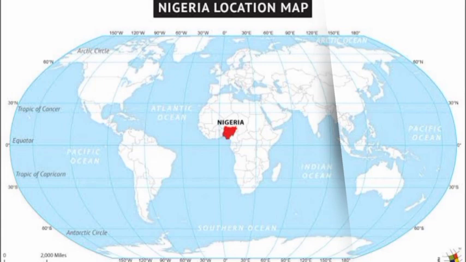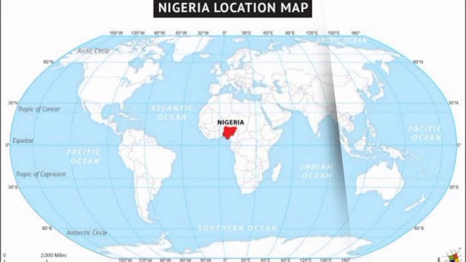Now, looking at the location of Nigeria, Nigeria is located between latitude 4 degrees north and 14 degrees north of the equator and between 3 degrees east and 15 degrees east of the Greenwich meridian.